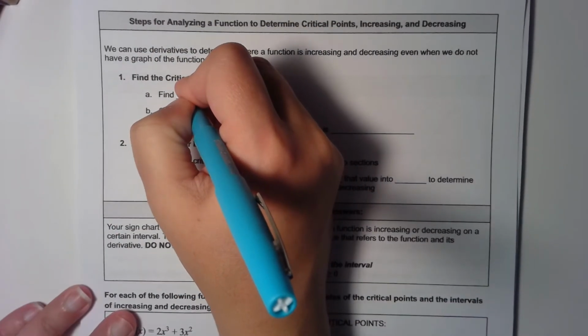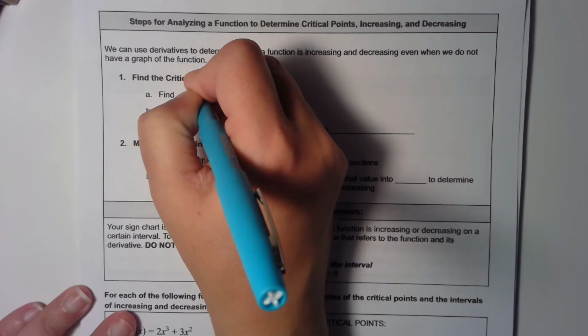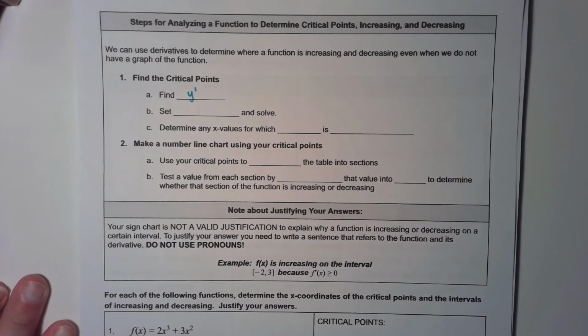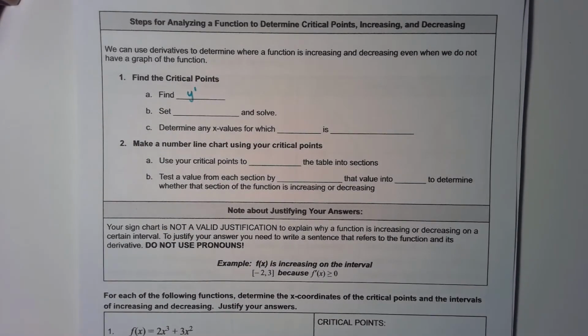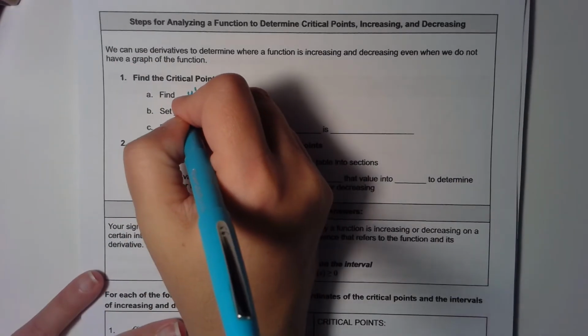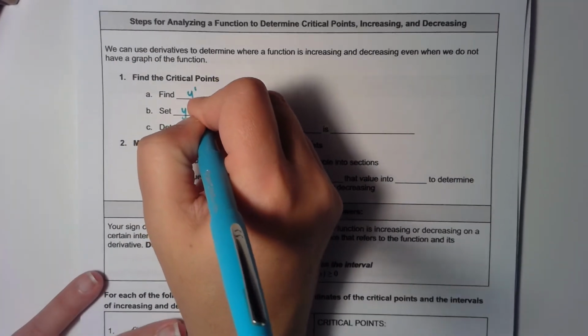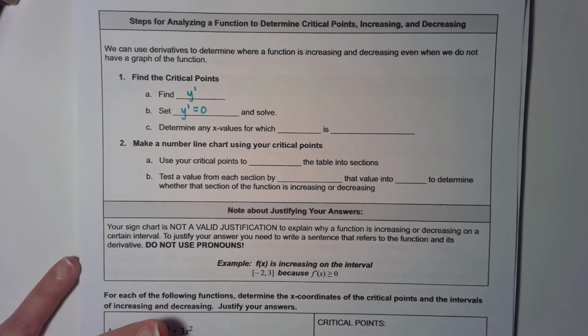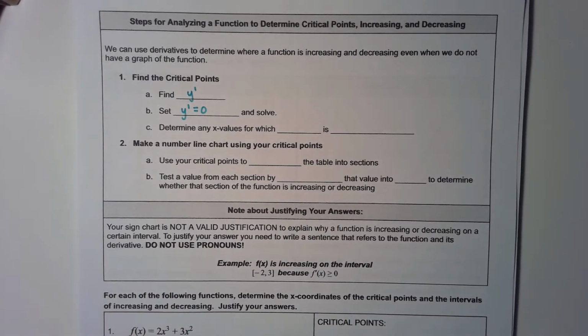So to do that, you're going to find the derivative, or I'm going to call that y prime for this kind of definition. Then you're going to take the derivative and you're going to set it equal to 0 and solve, because that is one way that we can possibly have a critical point, is it's a place where the derivative is equal to 0.